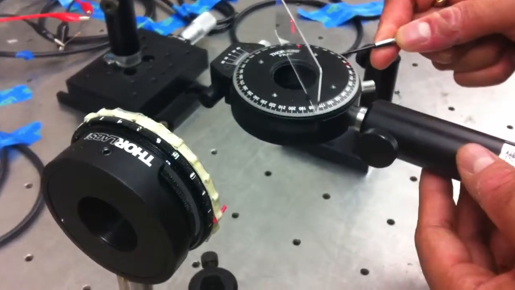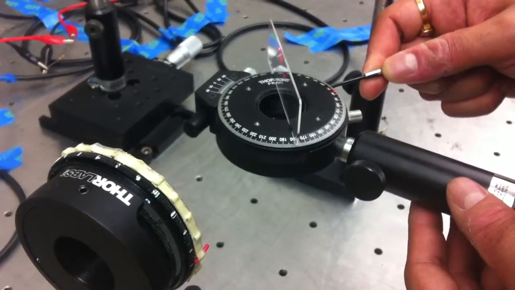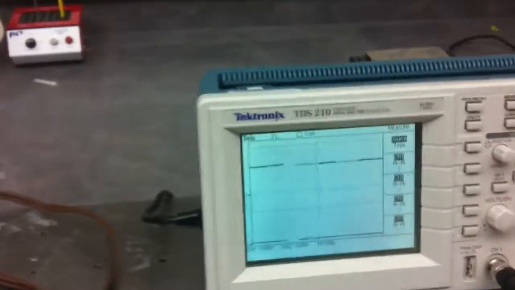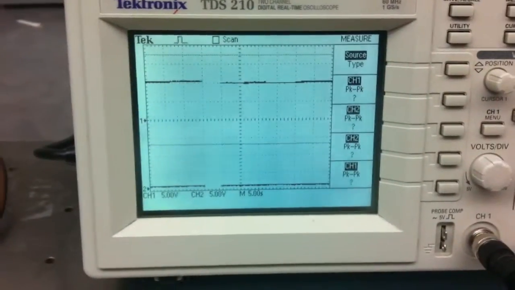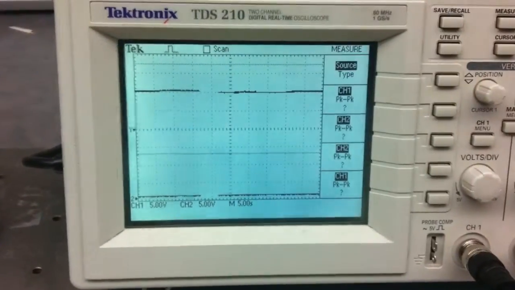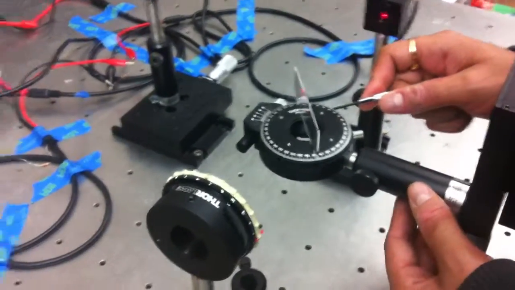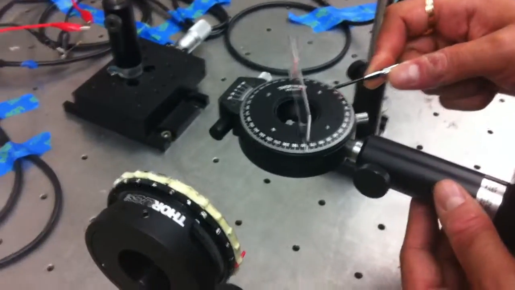So at 50, we expect it to be a lot closer to 10.5. It's very much close to 10.5. Because we are very close to the Brewster's angle, at 56 it would be exactly at 10.5. Since we have already done that, I'll just go straight over to 60 degrees.